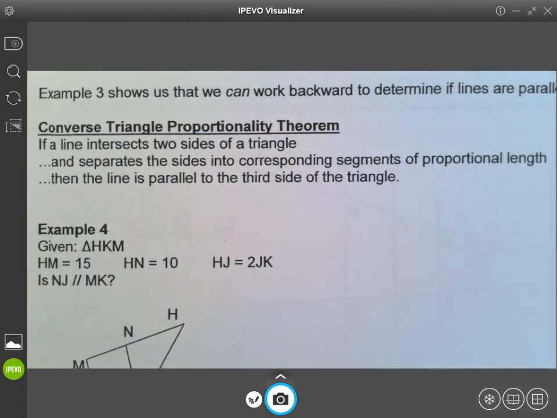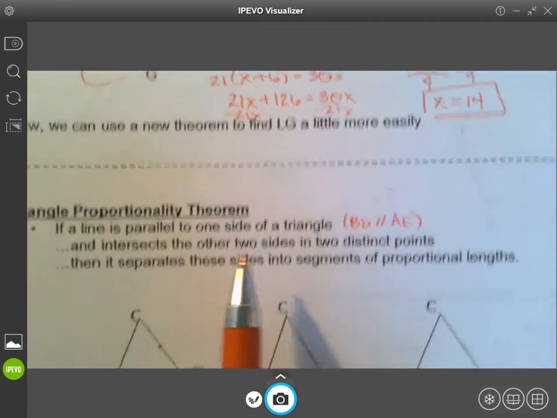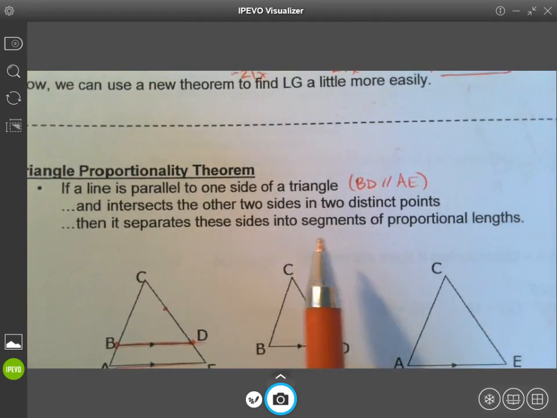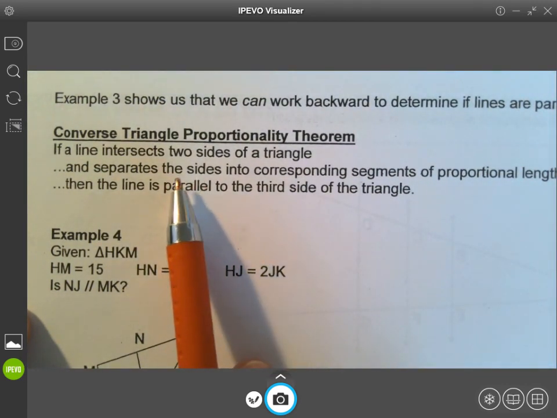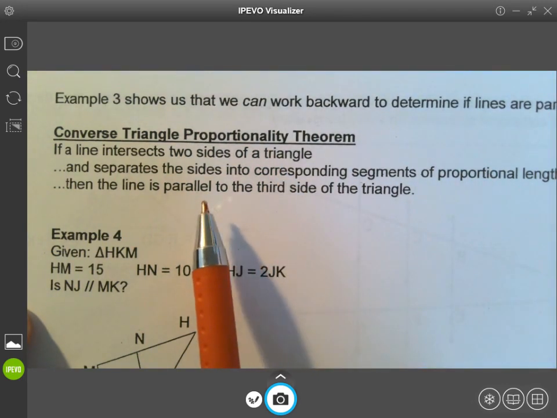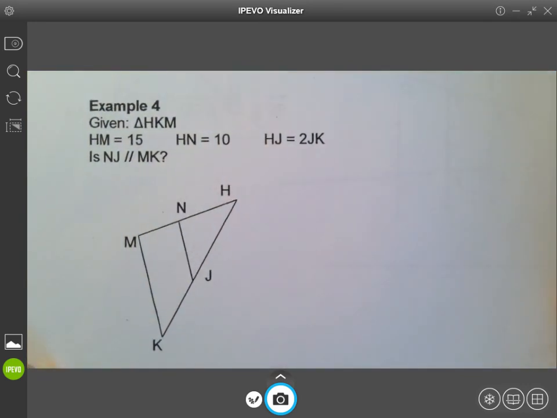If you go back over here, it said if a line is parallel to one side of the triangle, so if we are told parallel lines, then we know it makes them cut into proportional lengths. Now we're saying if the line intersects two sides of a triangle and they're proportional, then we know the lines are parallel. So we're flipping it.